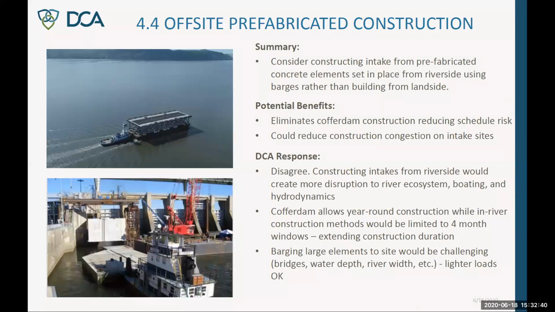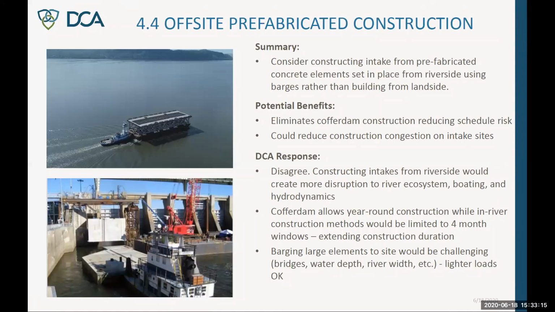But the large elements that would actually help us achieve a better project with less impacts, you really can't do that and get them up the river. So they also commented about, well, maybe we could just build them in a different facility up in the North Delta and move those down and place them at the intakes. Well, the reality is that would entail essentially the same impacts with the same limits for aquatic species. There's not really a lot of places nearby with adequate depth to do that.